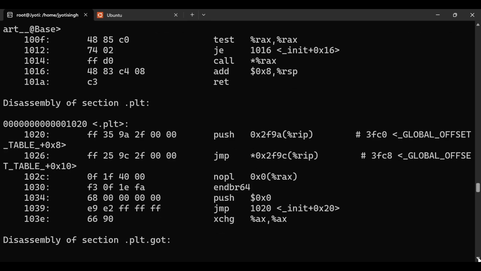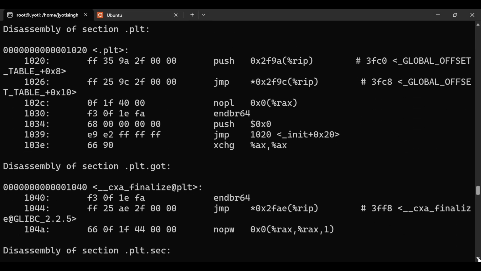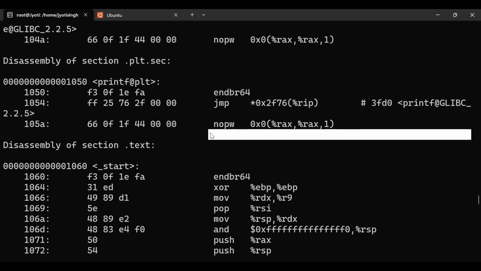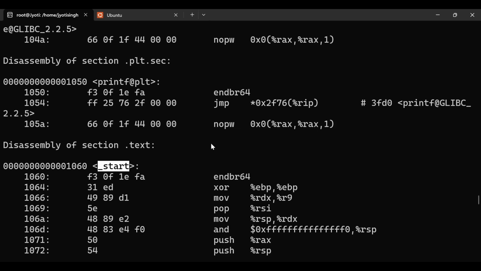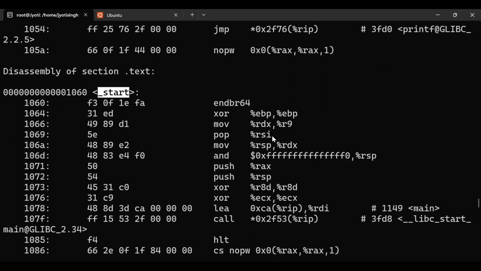I have a detailed explanation of all these sections in our execution awareness series, so check that out. Let us first move to the text segment. There we are starting our code. We are loading the registers, base registers, DX register, SI register, and all those registers. And then finally we are moving to our main function, calling the main function.